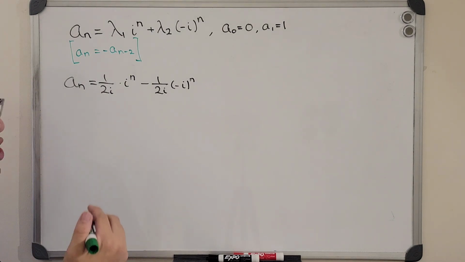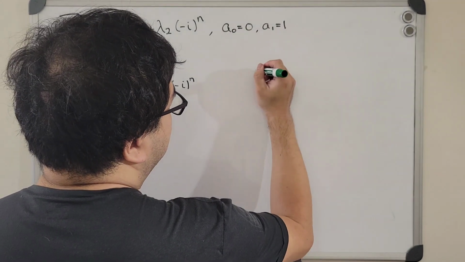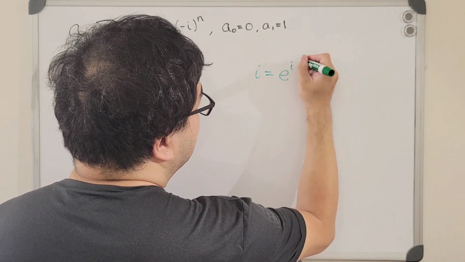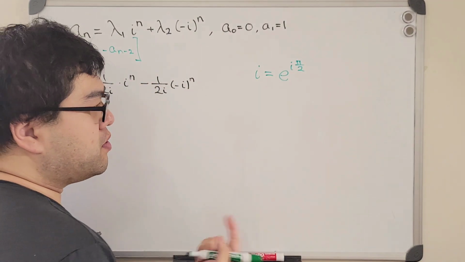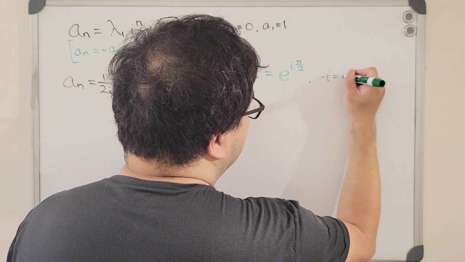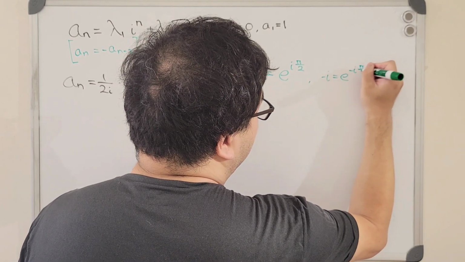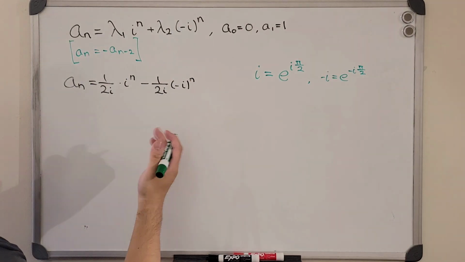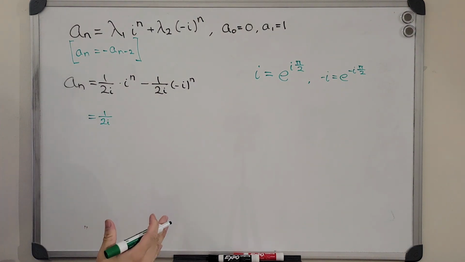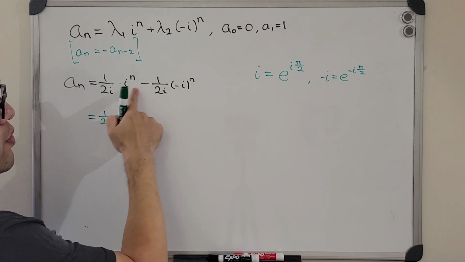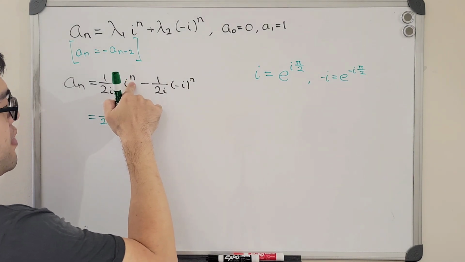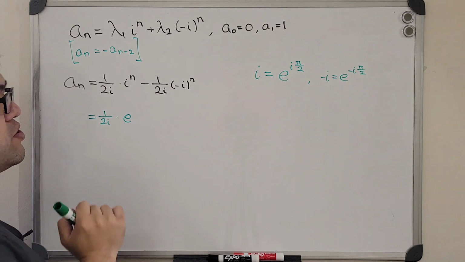But to do that, we need to use the Euler identity, which says that i is in fact equal to e to the i times pi over 2 power. And for negative i, we get e to the negative i pi over 2 power. So as we do that, we'll be able to substitute in, and we'll leave the fraction as it is. But for i, we'll replace it by e to the i pi over 2, and then raise all of that to the nth power.